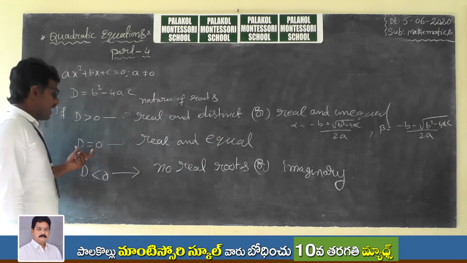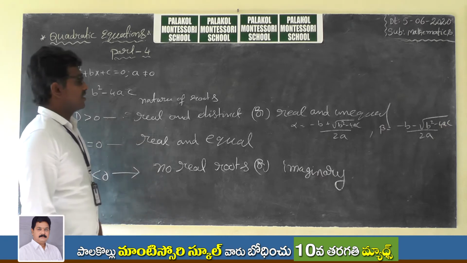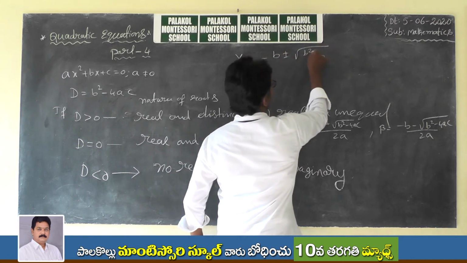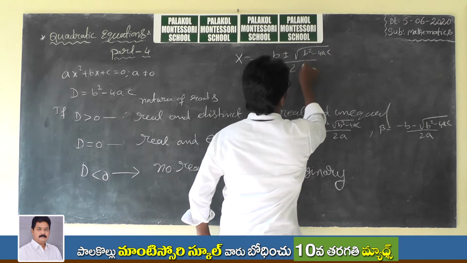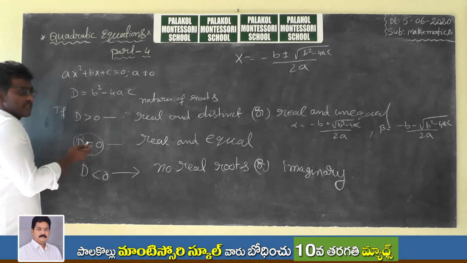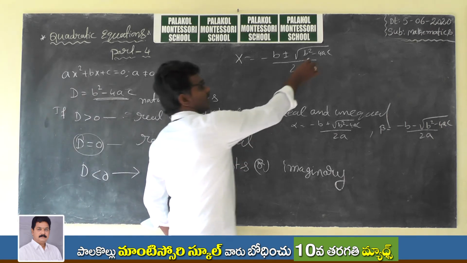But in this case, D is equal to 0, the roots are real and equal, where x is equal to minus b plus or minus root of b square minus 4ac by 2a, you know the roots. But in this situation, what happens? D is 0, that means this value is 0. Put it in this place.